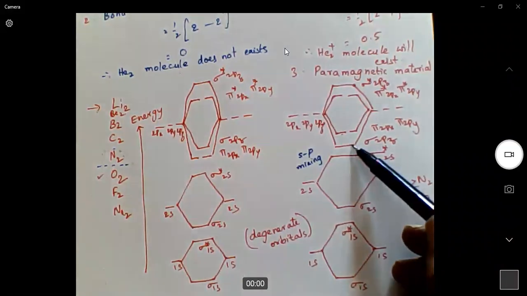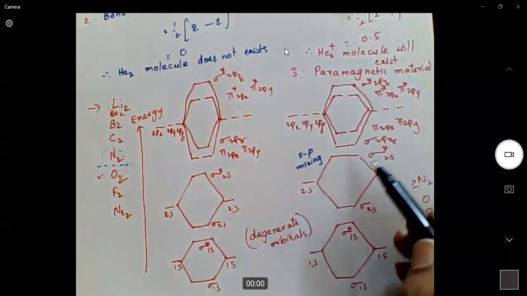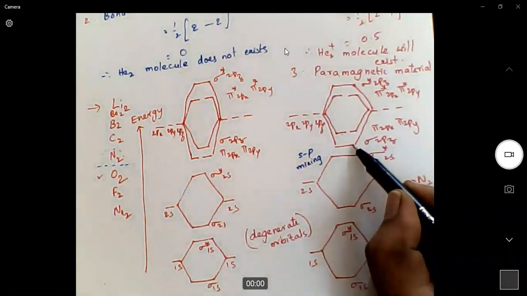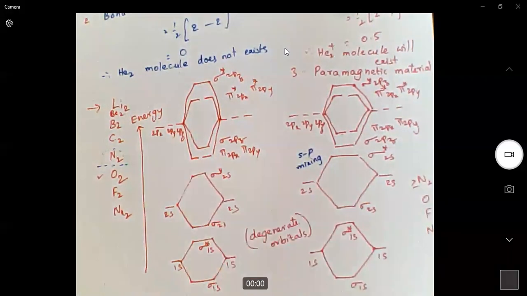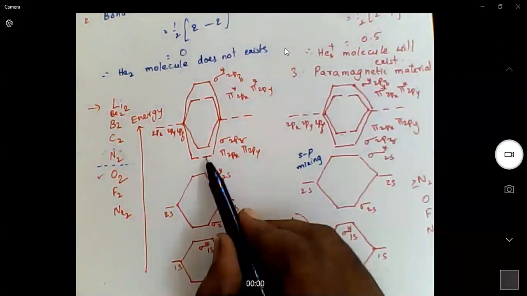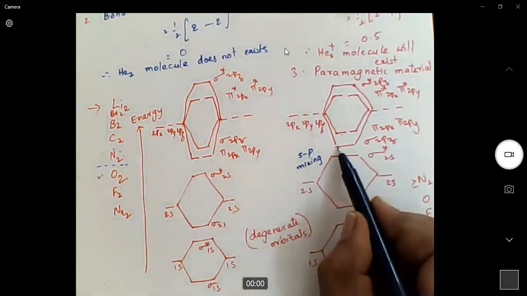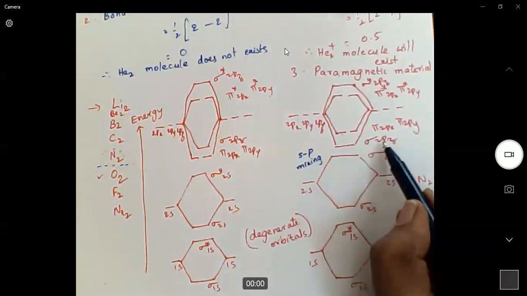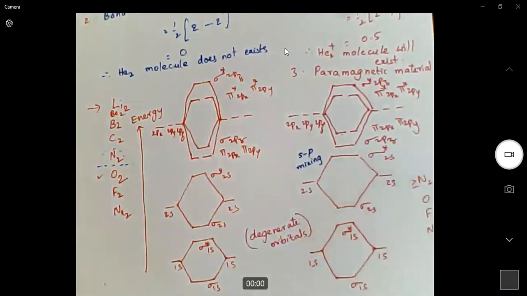Because it is undergoing destabilization, its energy will further increase. How much will it increase? Because of its destabilization, it crosses these two orbitals and goes higher and has higher energy. So because of this sp mixing, this sigma 2pz orbital is destabilized. Because of the destabilization, it increases its energy. How much does it increase?